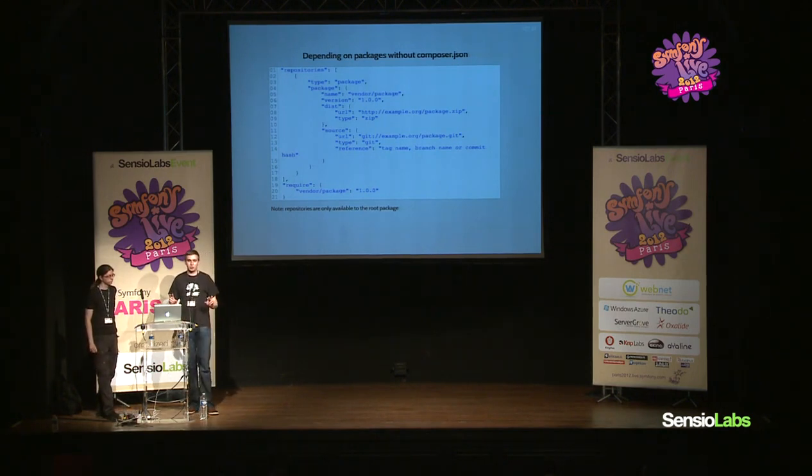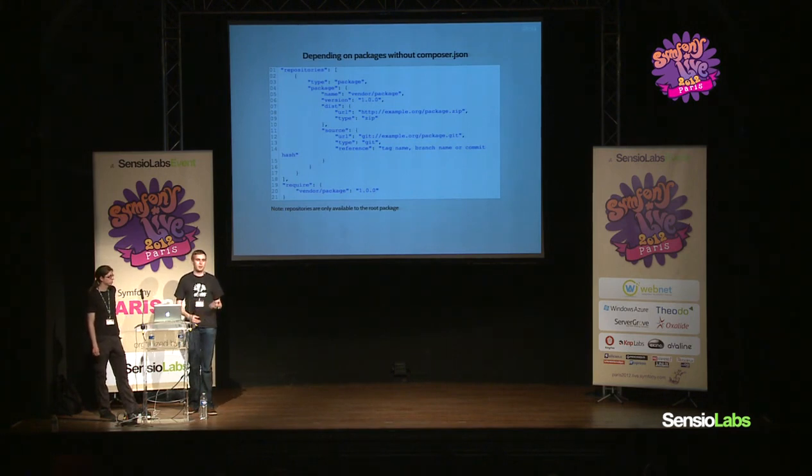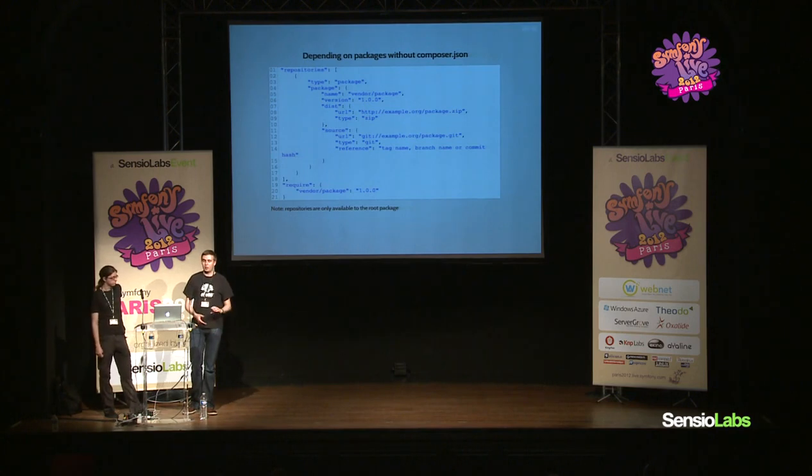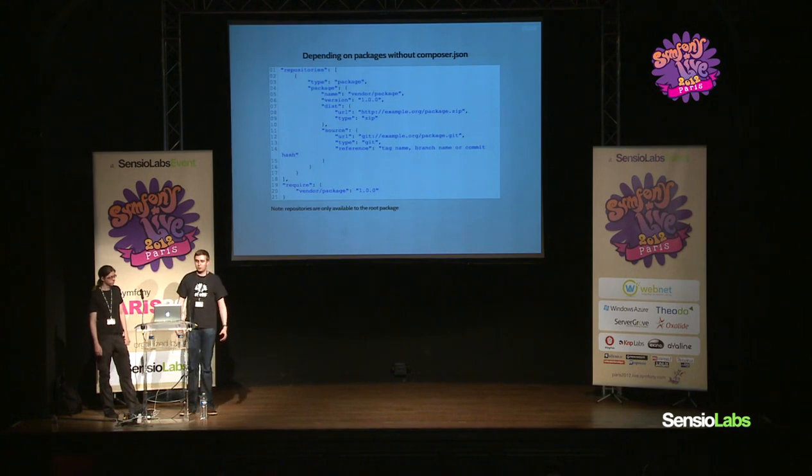It's basically a special package type repository. And what you see in there is the same thing that would otherwise be provided by Packagist or Satis. You specify the dist URL, which is typically a zip file or tarball, and if available, source, to be able to use prefer-source to clone a repository directly. That way, further down in your own requirements, you can use this package and it'll download the version that you've specified.